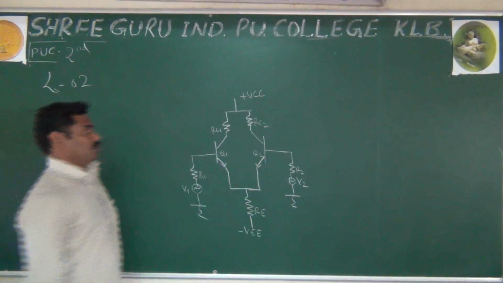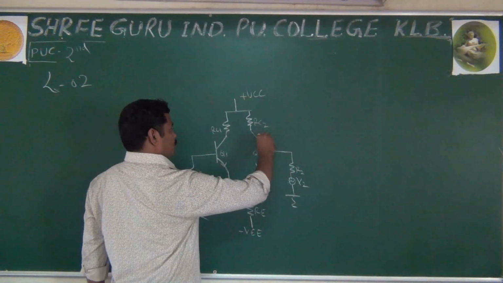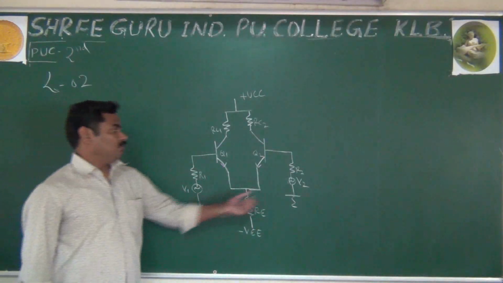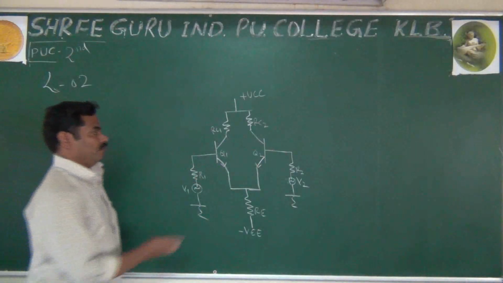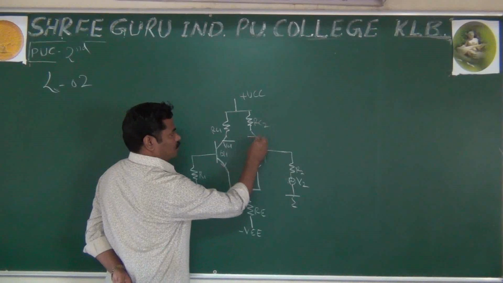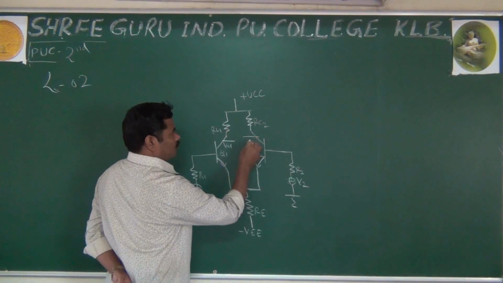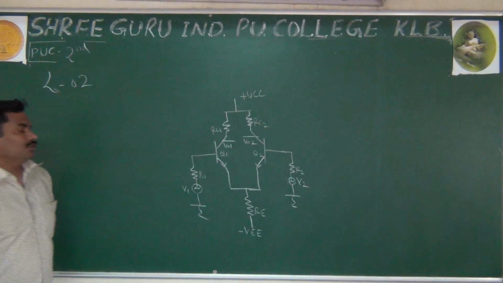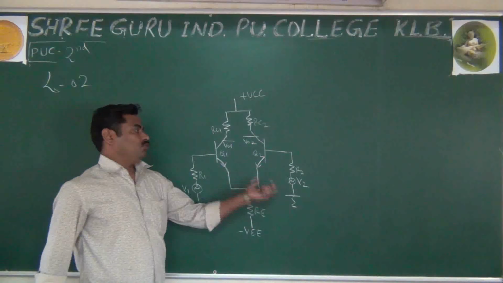Further studying the working principle of the dual input and dual output, you get the V01 here, and also you get V02 here. It means you are having two inputs and two outputs.